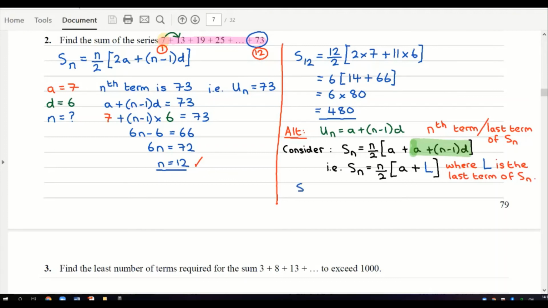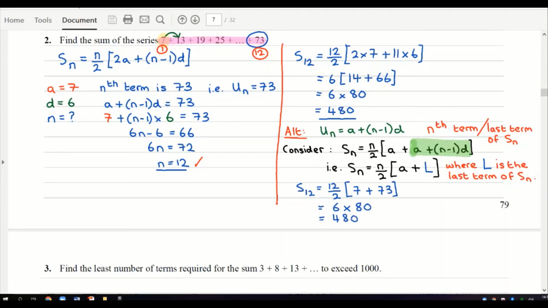So the sum of the first 12 terms is of course going to be 12 over 2 multiplied by a, which is of course 7. And if you add the last term, which is 73, you do of course get 6 multiplied by 80 again, which is of course 480.